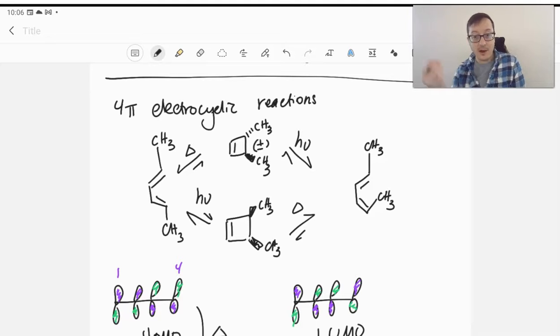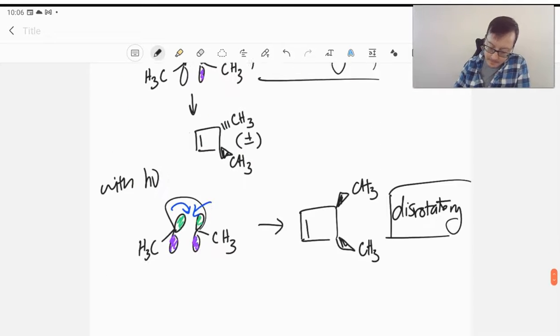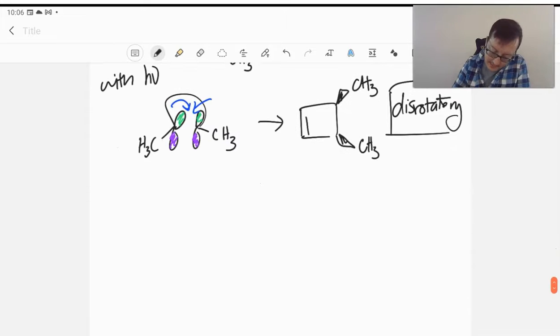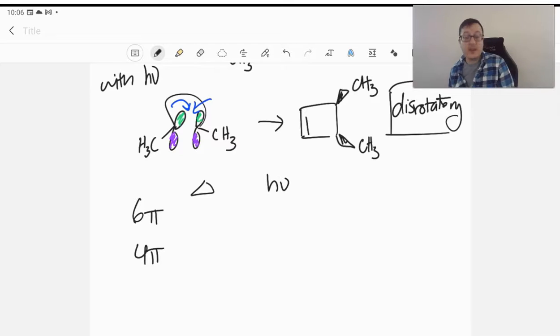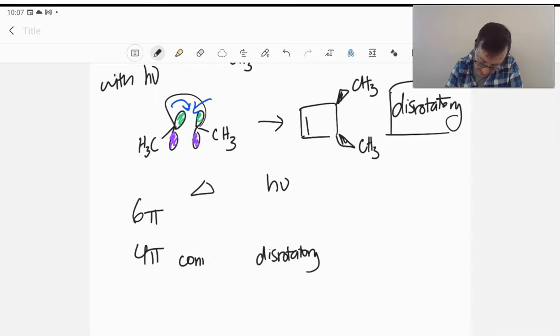So if we compare the two, the 6 pi and the 4 pi systems, we can compare the conditions here. So we saw that 4 pi with light is disrotatory, and with thermal it was conrotatory.